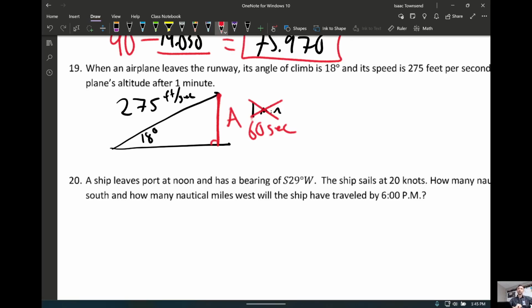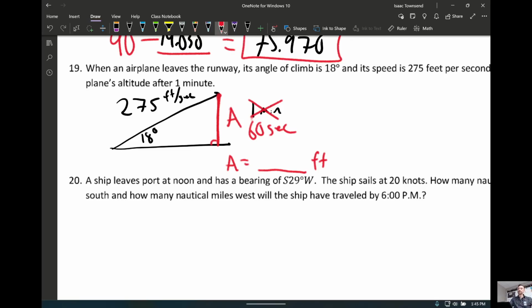The other problem is, and this is a big one, when I answer this altitude, should my answer be a time, a speed, or what? Should be a distance, so something in feet. If I want this to be a distance, I need these to be a distance as well.